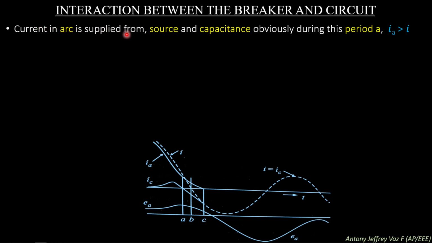Current in the arc is supplied from the source and the capacitance. Obviously during this period, IA is greater than I.